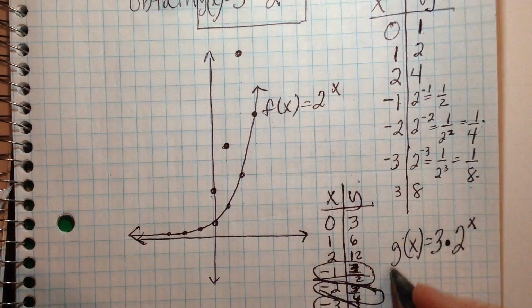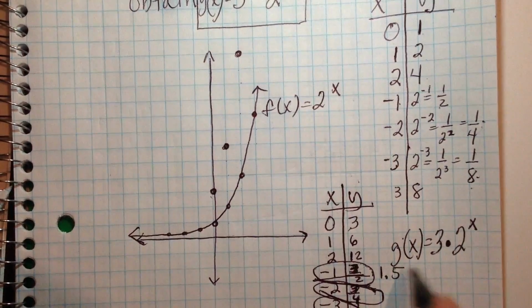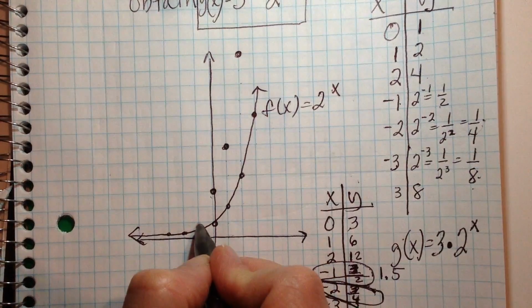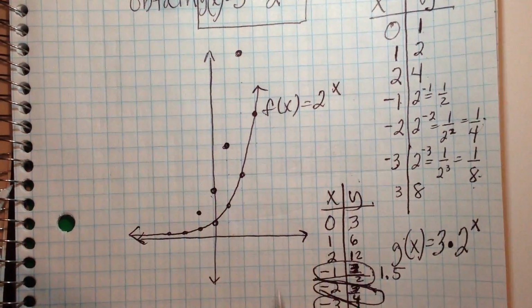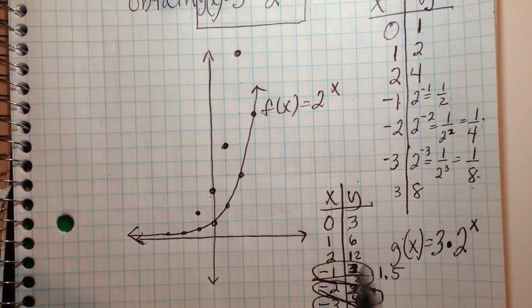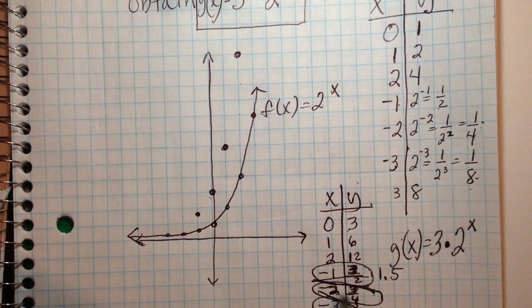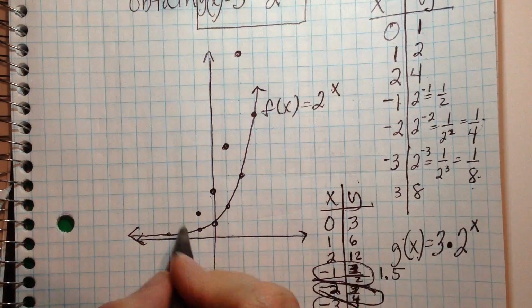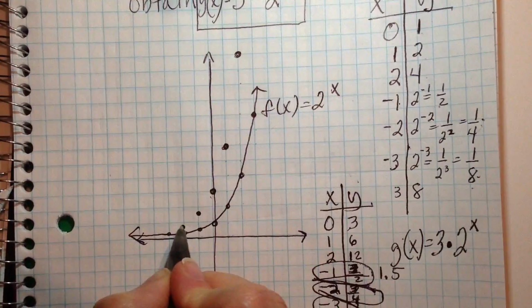Negative 1, 3 halves. Punch that in your calculator. That's going to be about 1.5. So at negative 1, I'm up at 1.5, somewhere about right there. Negative 2, I'm at 3/4, somewhere about right there.